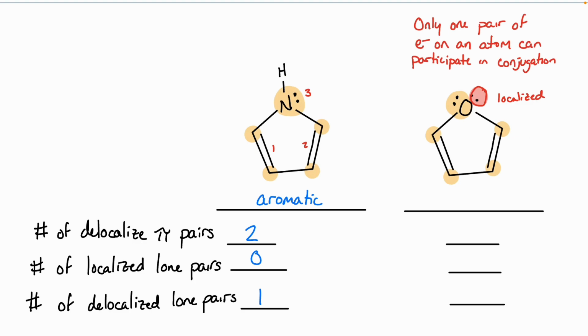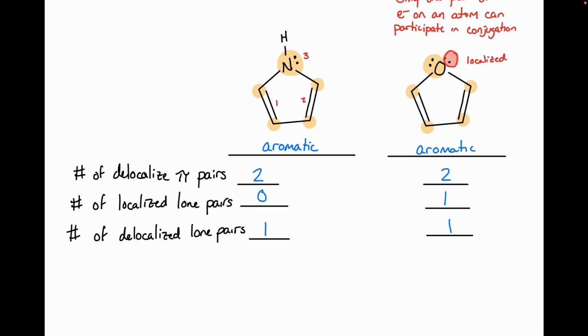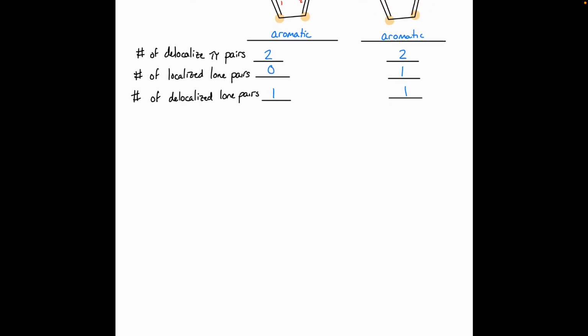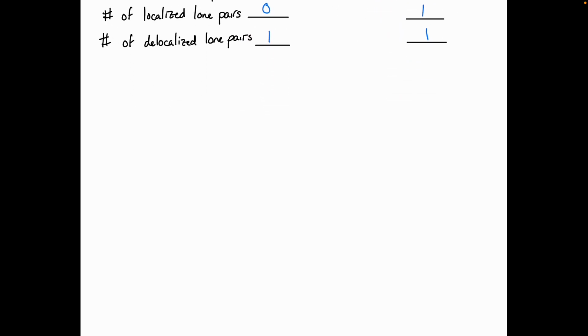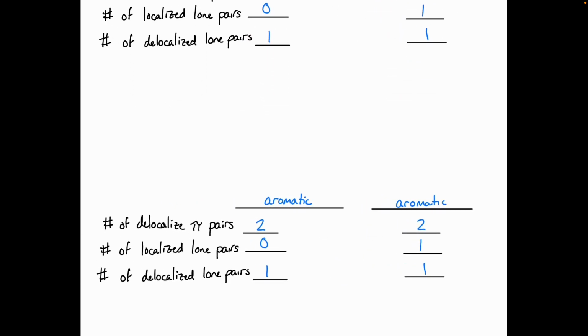So this is again an aromatic compound with 2 delocalized pi pairs, 1 delocalized lone pair, and then the other lone pair remains localized. Okay. I'm going to pick 2 new compounds, and you're going to fill out this same information for me.